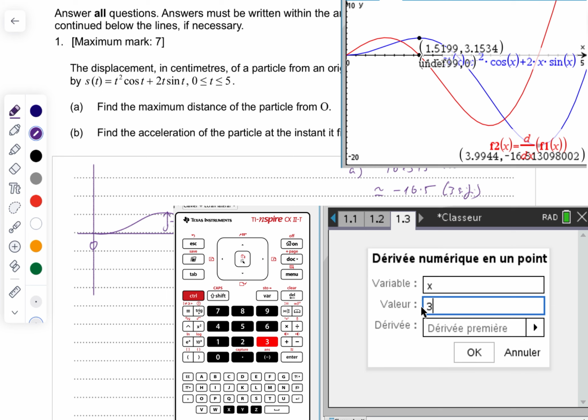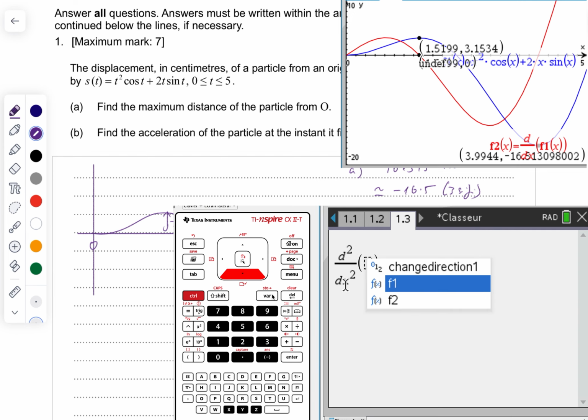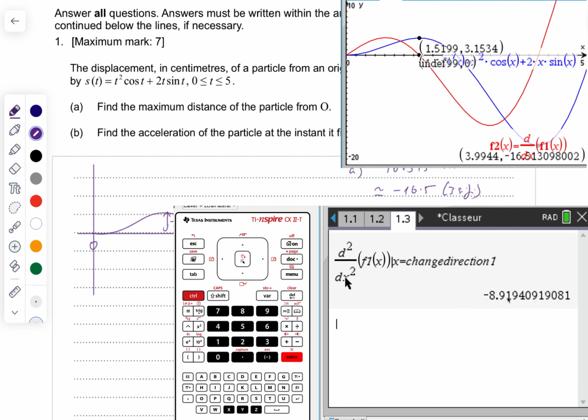Let's put 3 in for the moment, we can change that later. Change it to second derivative, so I get the acceleration. And we want the second derivative of f1. We could do the first derivative of f1. And this x value is actually at the change direction 1 point. And it gives us the acceleration at that point.